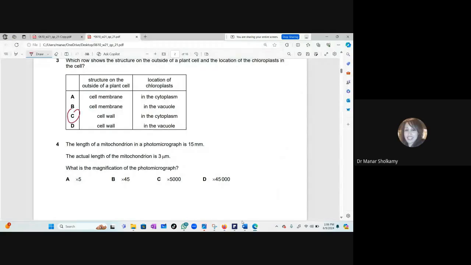Okay. Now we're here. The length of the mitochondrion is 15 millimeters, and the actual length is 3 micrometers. What is the formula for the magnification? Image over actual. Yes, it's I over A. Now, we want the magnification. What is I? The image. Yes, which number, 15 millimeters or 3 micrometers? 15 millimeters.